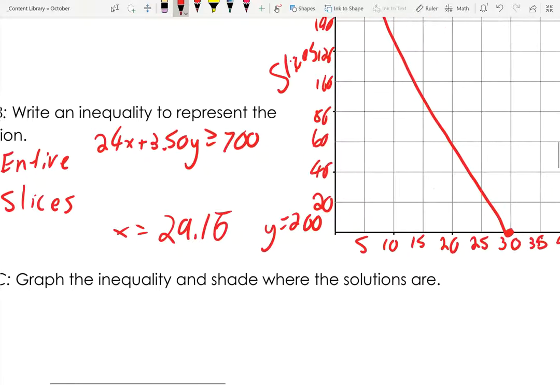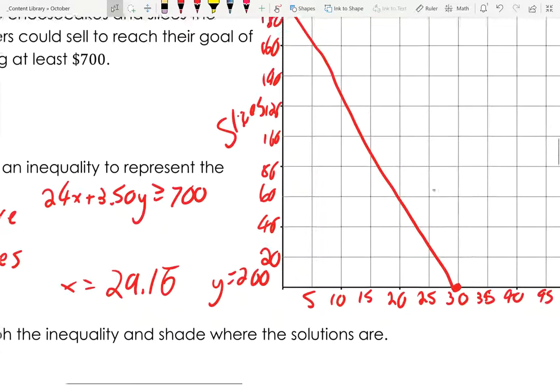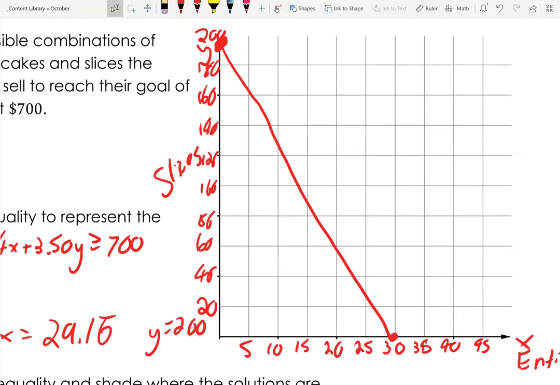Now, remember our inequality. We have to make more than $700. That line represents all the ordered pairs that give exactly 700. Below the line would be making less than 700. Above the line would be making more than 700.